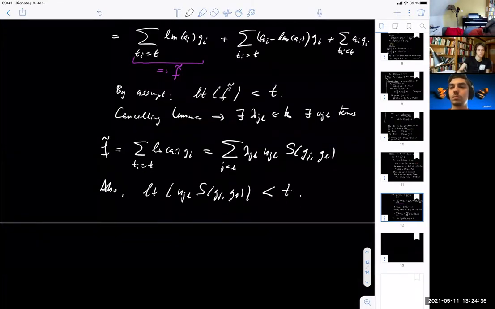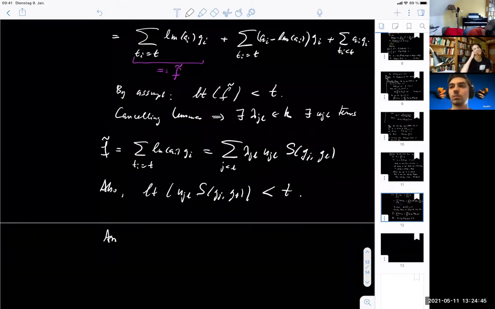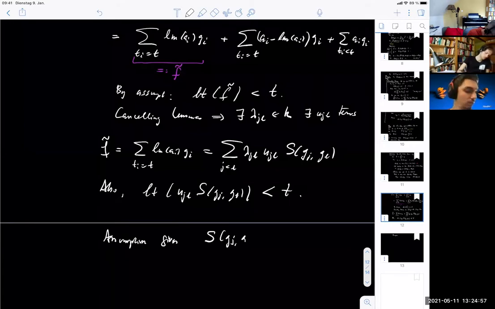But we shouldn't forget our assumption. Our assumption is that the S polynomial is reduced to 0. The assumption gives that all these S polynomials reduce to 0.